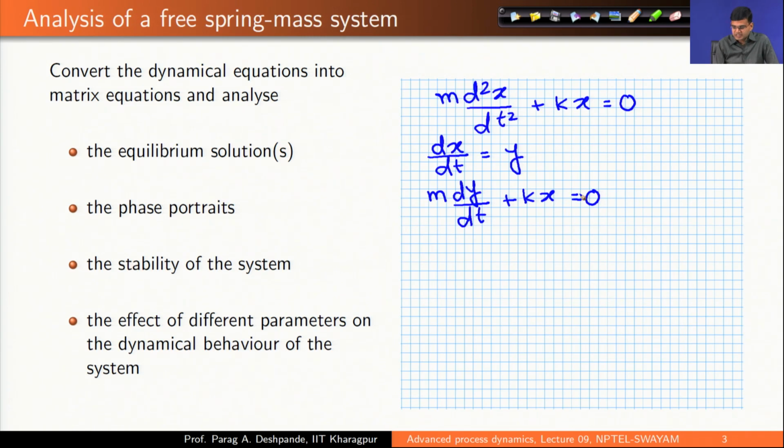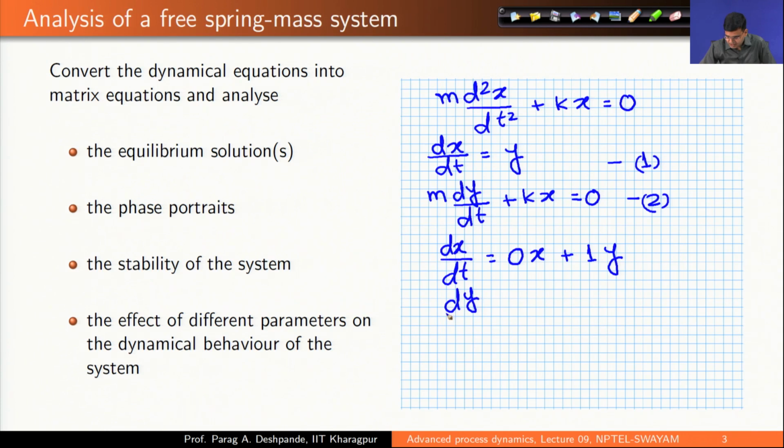So, what I can do is rewrite equation 1 as dx by dt is equal to 0 times x plus 1 times y, and I can write the second equation 2 as dy by dt is equal to minus k by m x plus 0 times y.